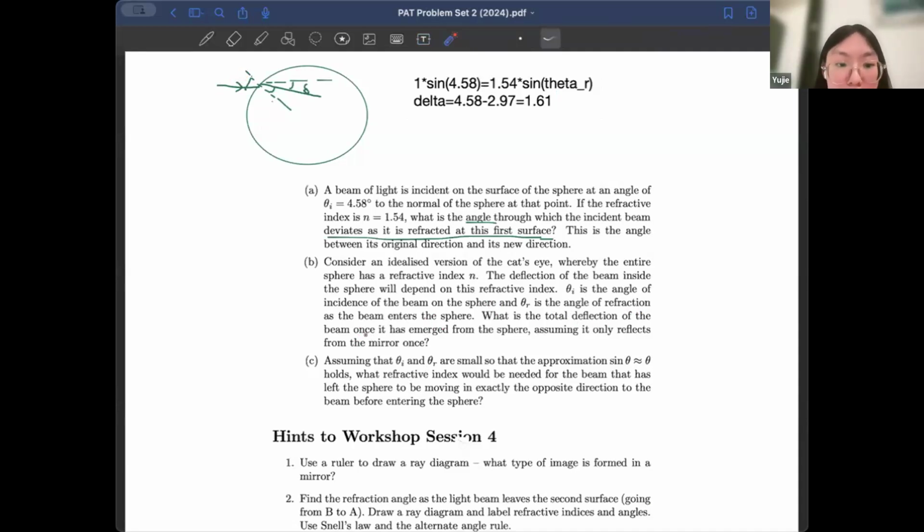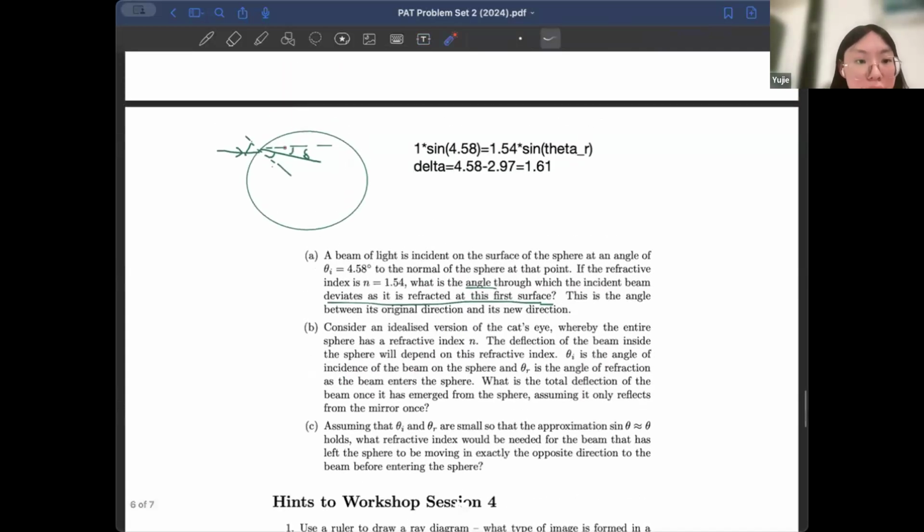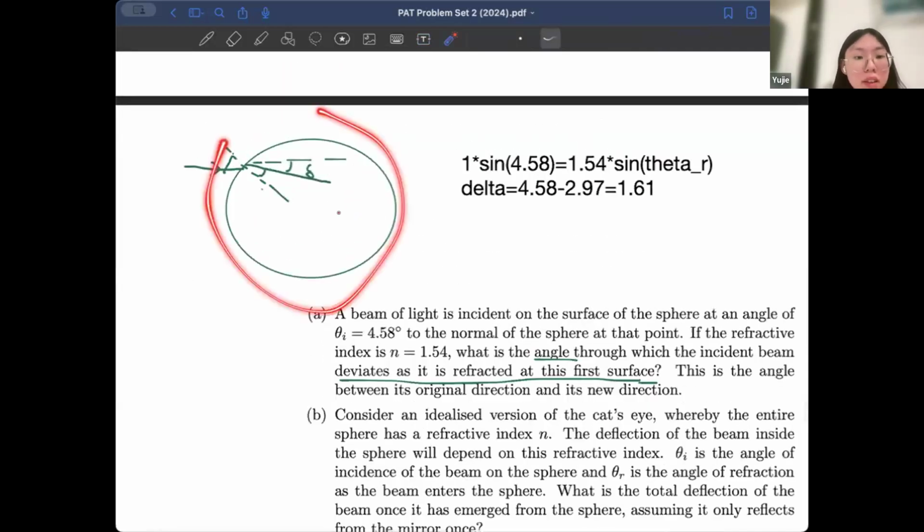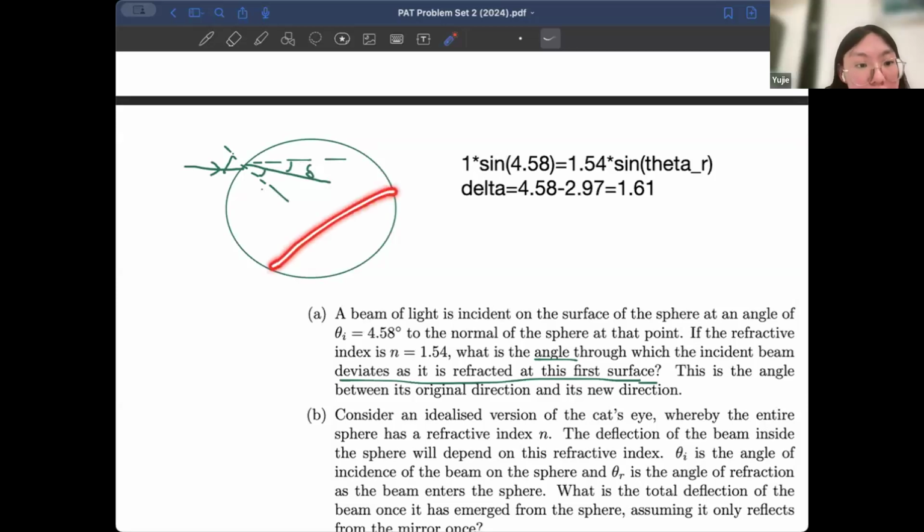What's the total deflection of the beam once it has emerged from the sphere, assuming it only reflects from the mirror once? So if we continue with this graph over here, the light ray will go this way, and it will be reflected at this point. We know that there's a mirror over here. So it goes this way, and then finally is refracted out of the sphere. And we are looking for the total angle of deviation.